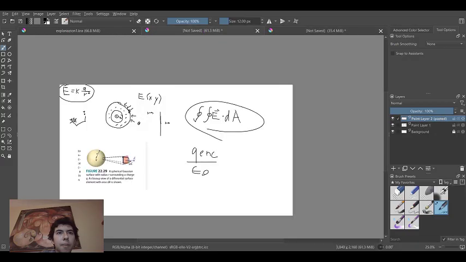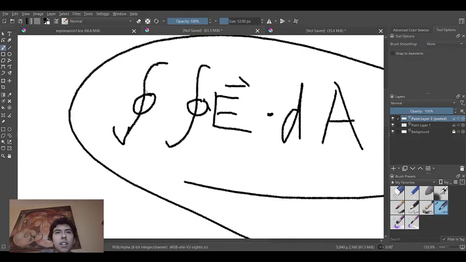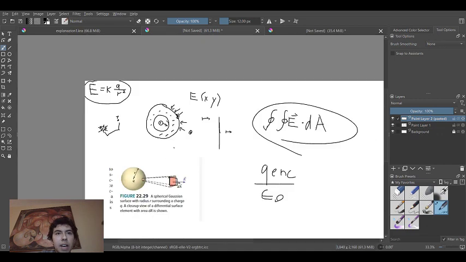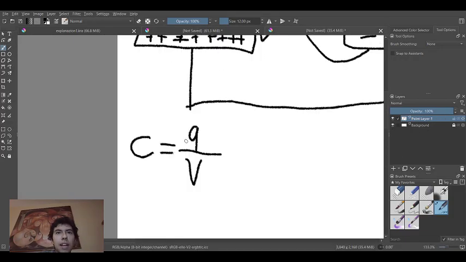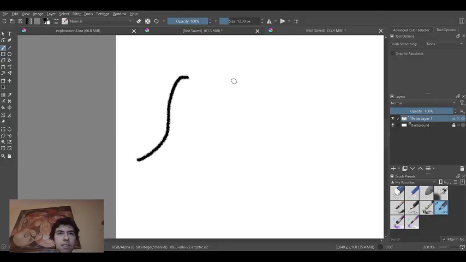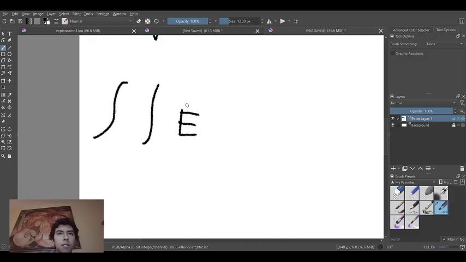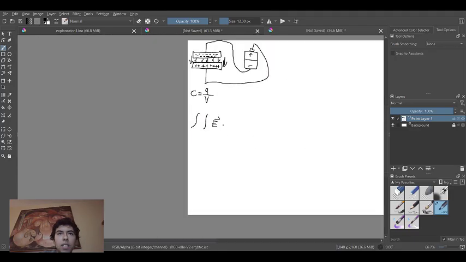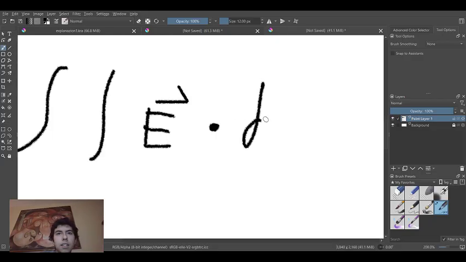As we saw for the Gaussian surfaces and Gauss's law, this integral of the electric field over the area is equal to the enclosed charge over epsilon 0. So we can calculate Q by taking E, the electric field inside of this capacitor, and multiplying it by dA.